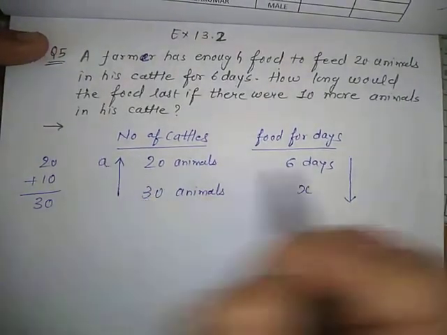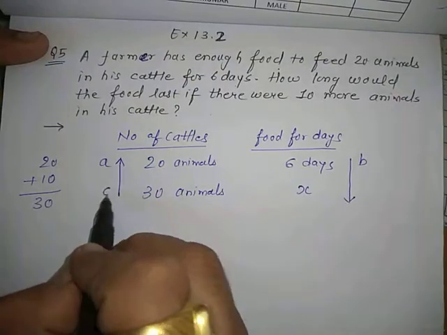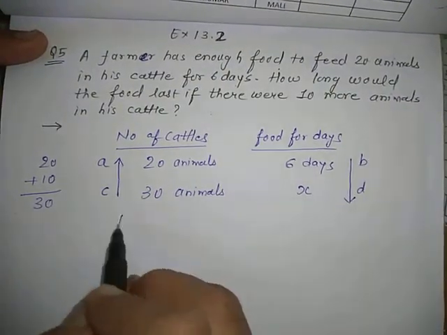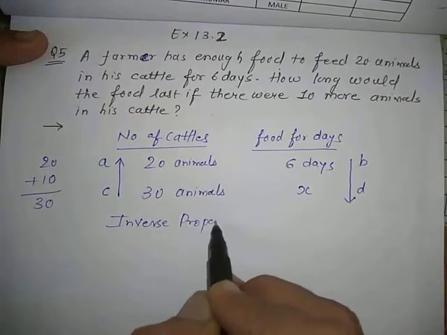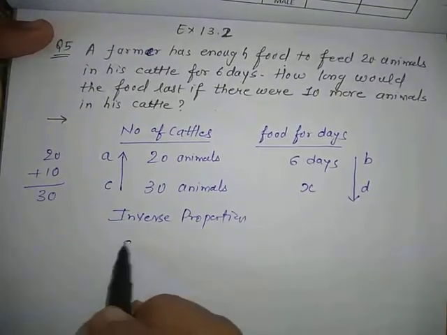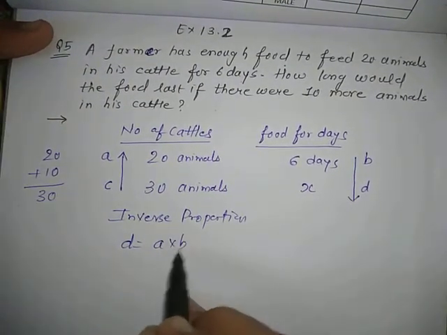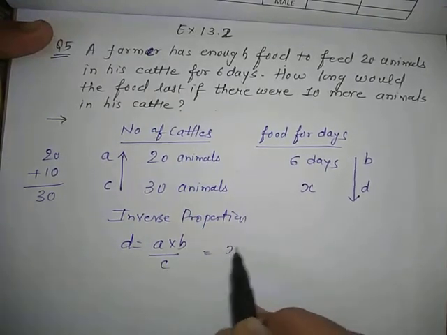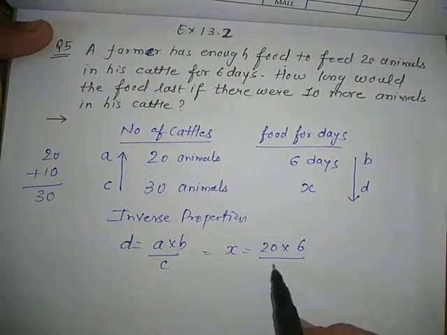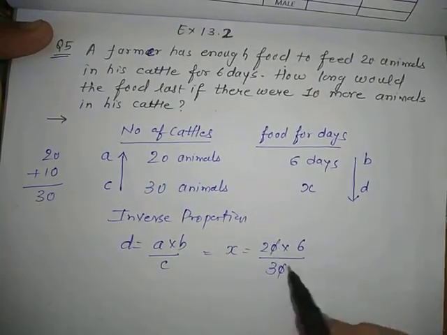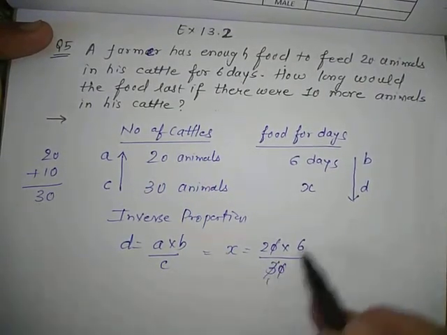So A, B, C and D. So inverse proportion. So D is equal to A into B by C, that is X is equal to 20 into 6 days divided by 30 animals. Zeros get cancelled, 3 ones are 3, 3 twos are 6.